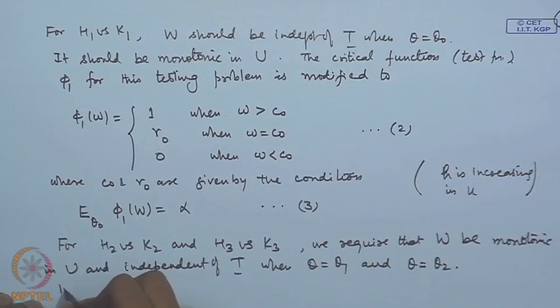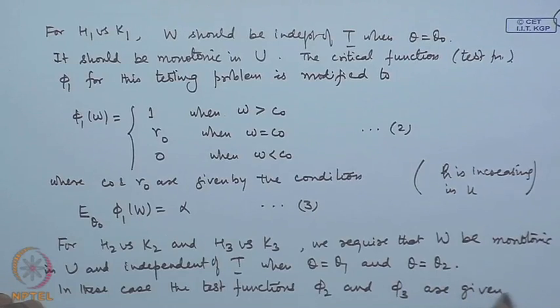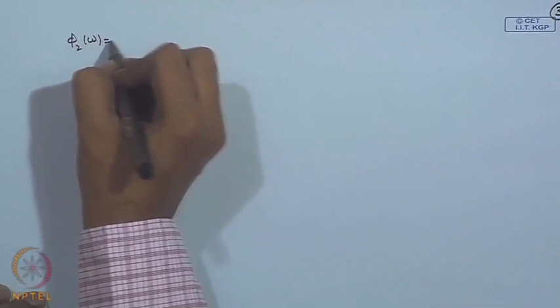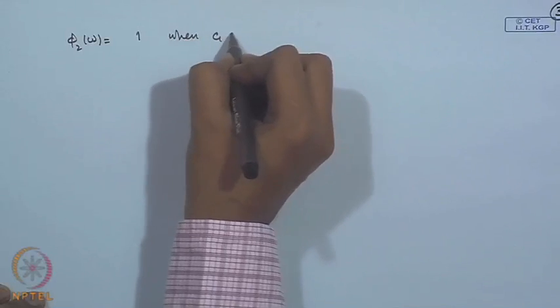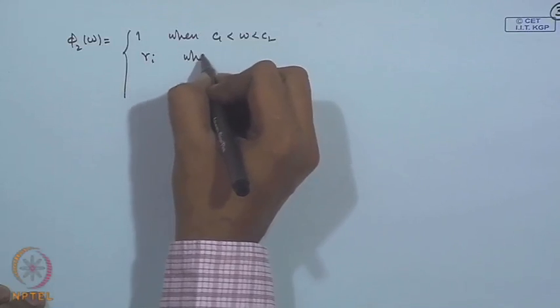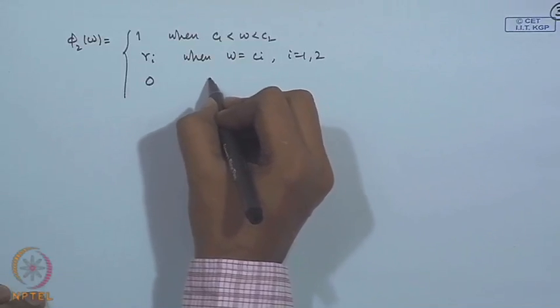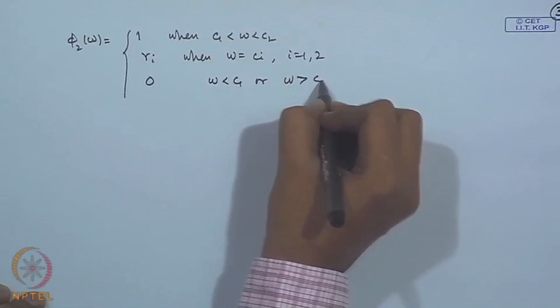So, in these cases the test functions phi 2 and phi 3 are given by phi 2 w is equal to 1 when c 1 is less than w less than c 2, it is equal to gamma i when w is equal to c i, i is equal to 1, 2, and it is equal to 0 if w is less than c1 or w is greater than c2.